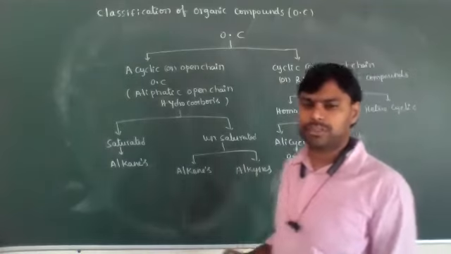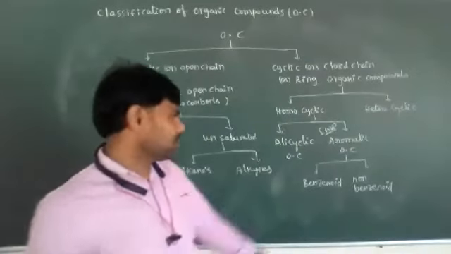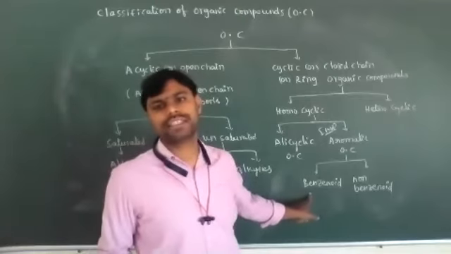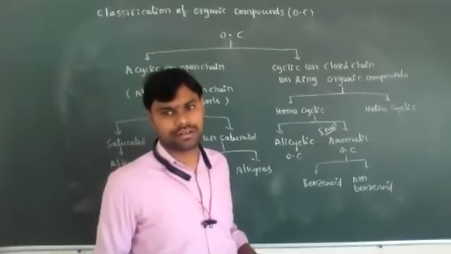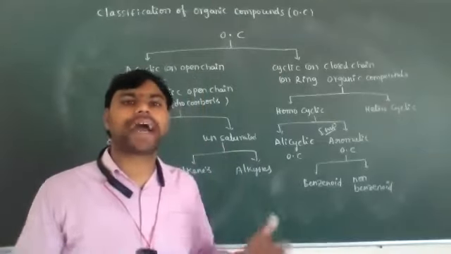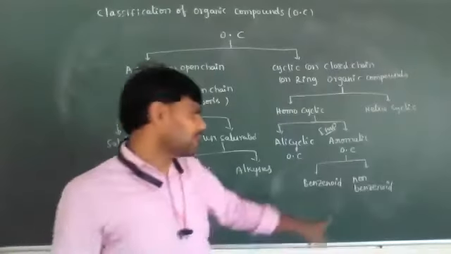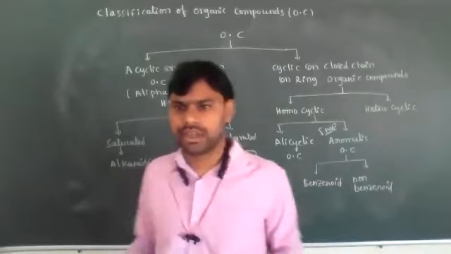These aromatic compound examples are all very important, so compulsorily they ask questions from this area. Among the following, which is a benzenoid aromatic compound, which is a non-benzenoid aromatic compound? Or among these compounds, which are aromatic and which are not? Other than these aromatic compounds, the remaining are not aromatic.